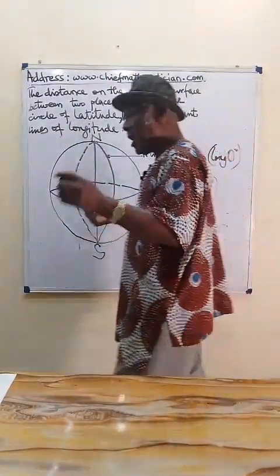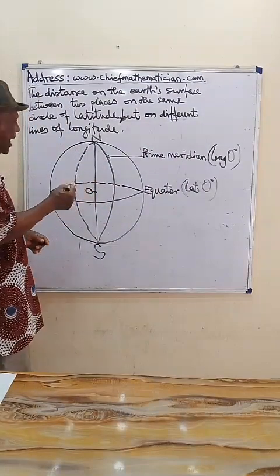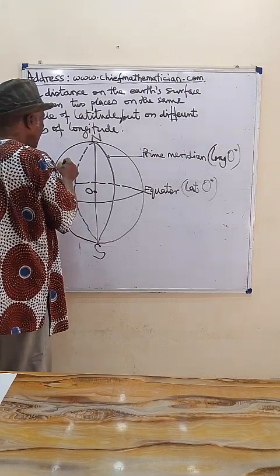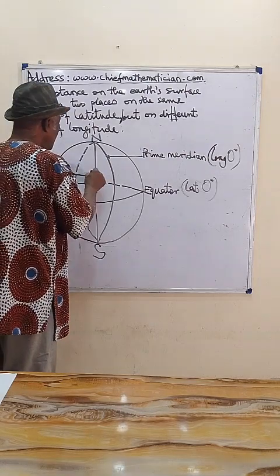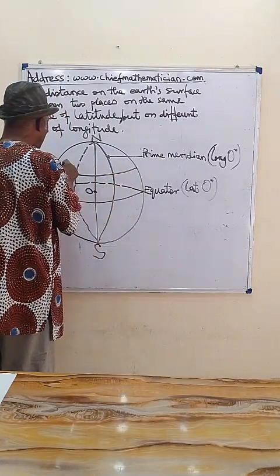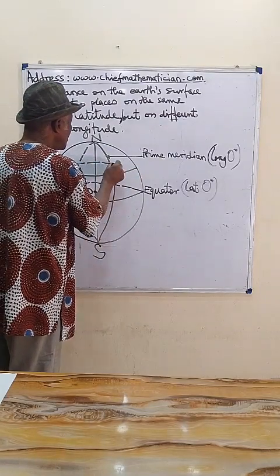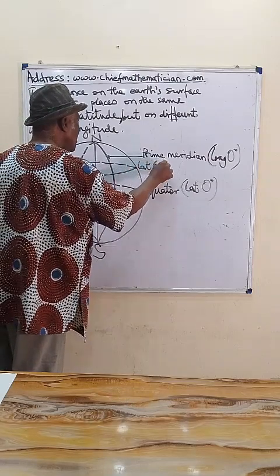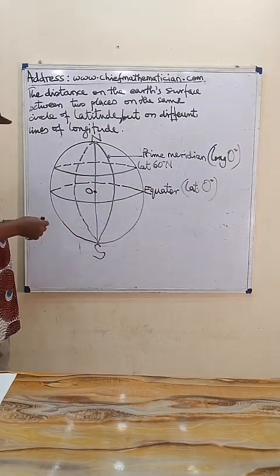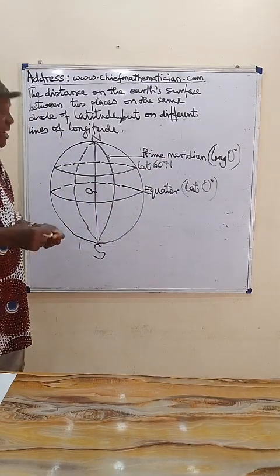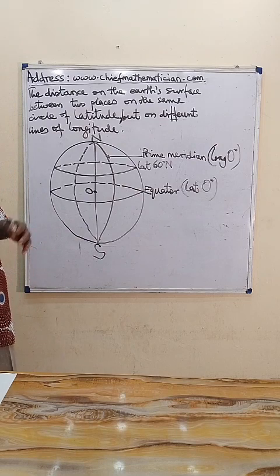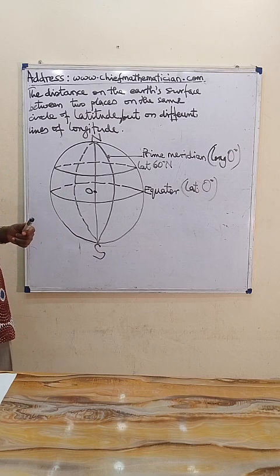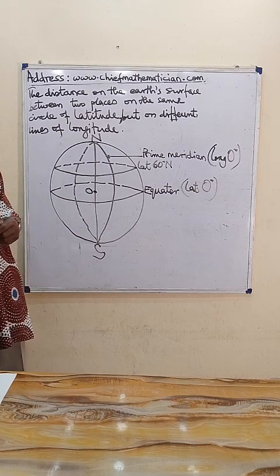Now, let us take again latitude 60 degrees north and consider again two longitudes, west and east of the prime meridian.